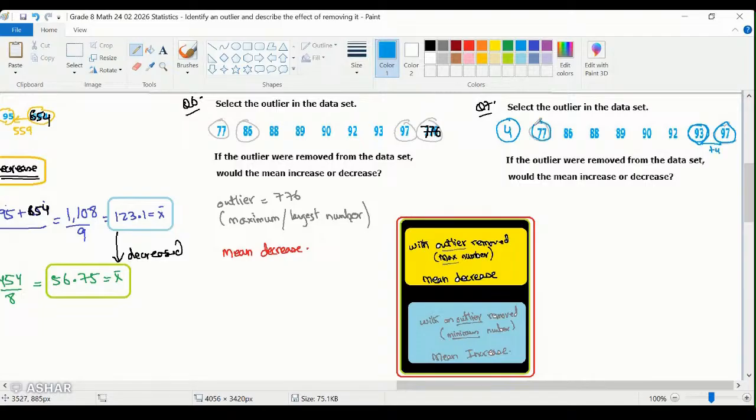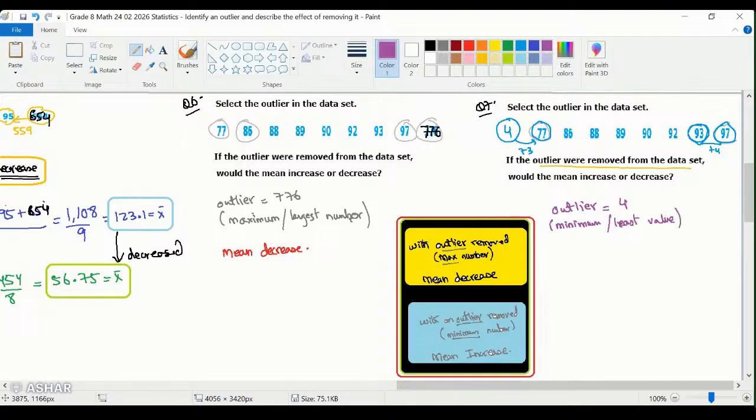And with this, the difference was 73. Agreed? So what we can say is, if the outlier was to be removed, what is the outlier for this question? The outlier for this question is 4, which is the minimum or the least value.